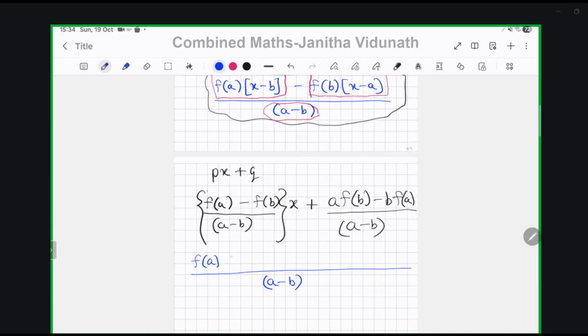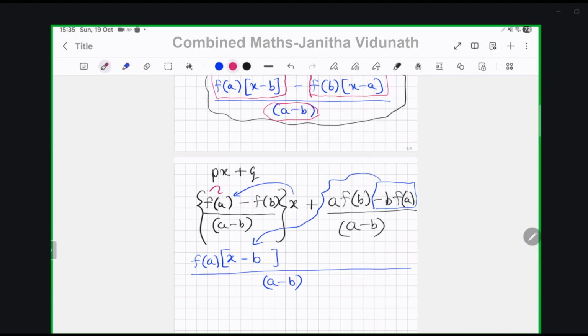Here we will get FA into x, so the x term needs to be here. And here also we have a term FA, so this term also becomes a member of this group. That means here minus b will come.